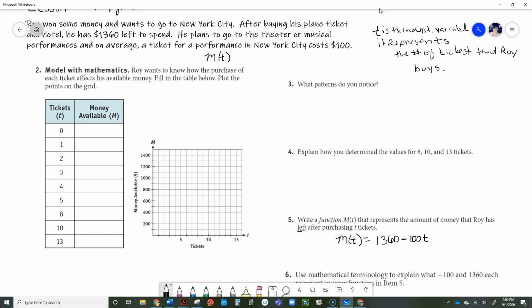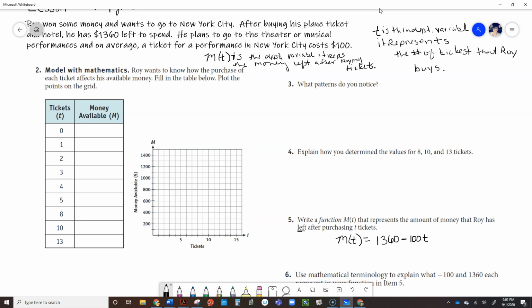Now, the dependent variable is not really a variable. They're writing it as a function in terms of T. So M of T is the dependent variable, and it represents the money left after buying tickets.